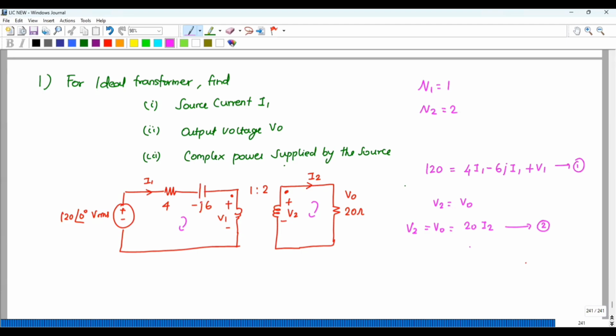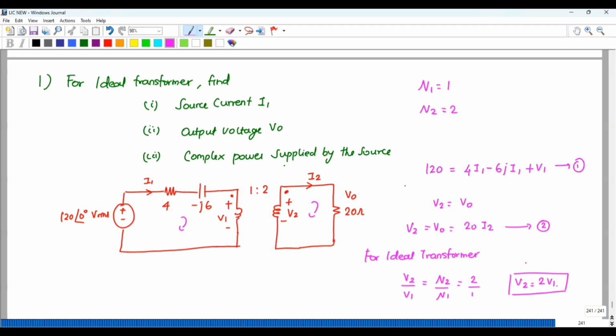So we know that for the ideal transformer, V2 by V1 is equal to N2 by N1. Here N2 is 2 and N1 is 1, so I can write V2 is equal to 2 into V1.